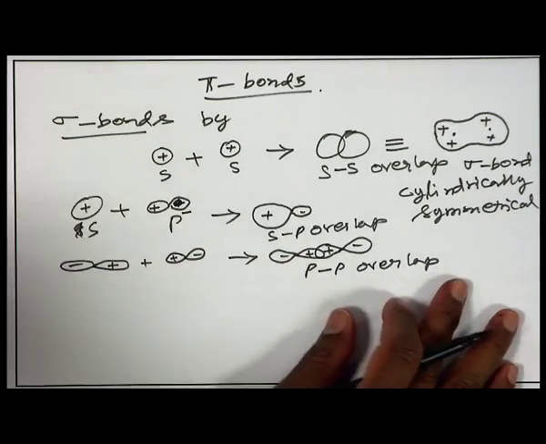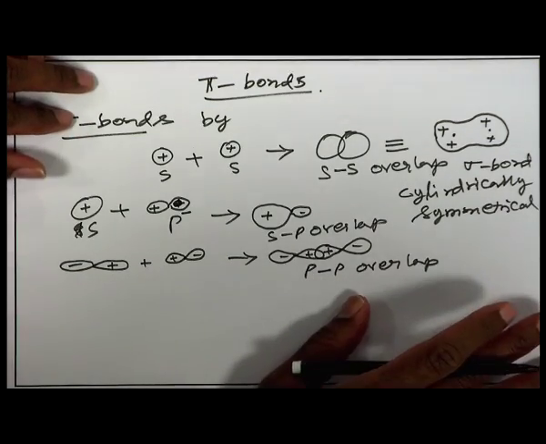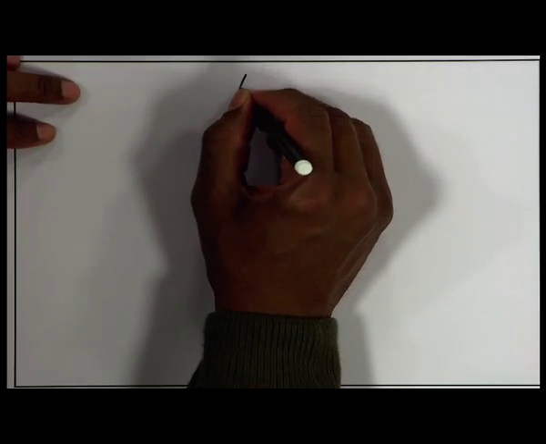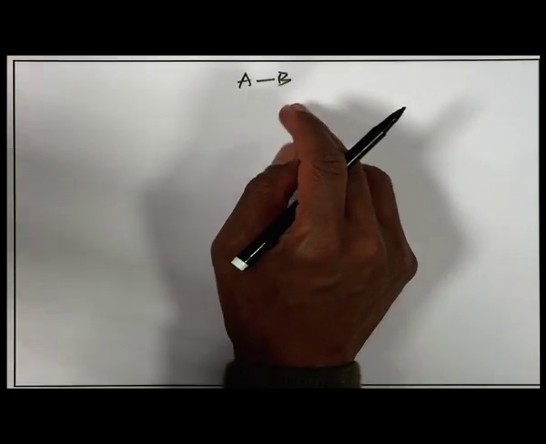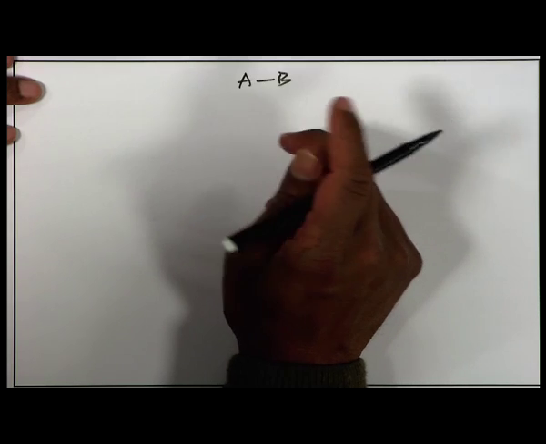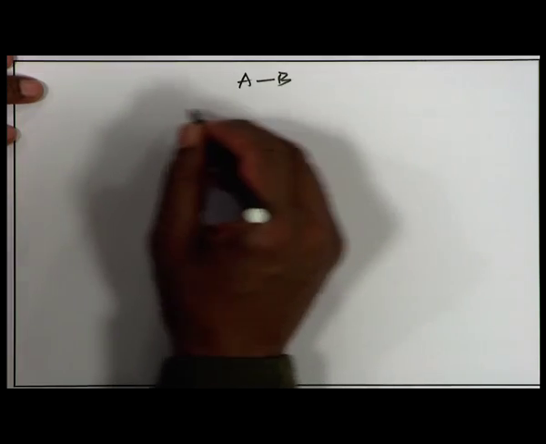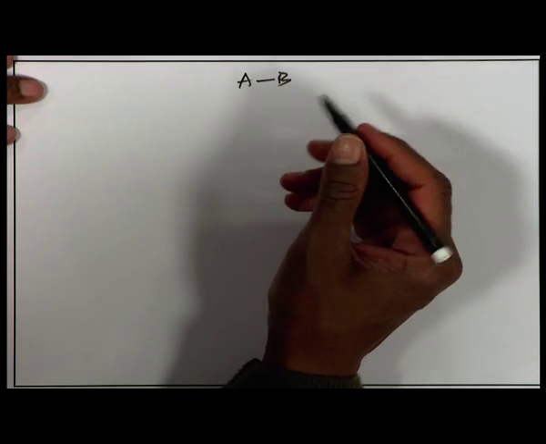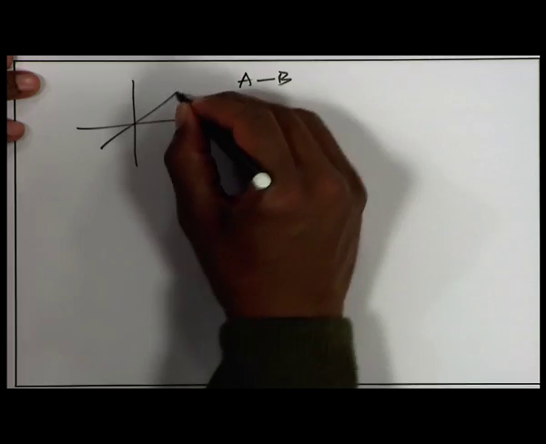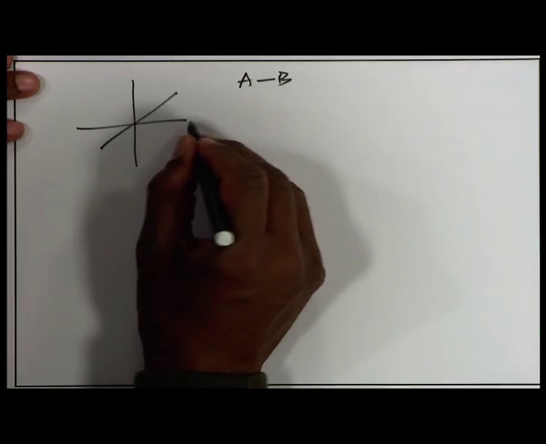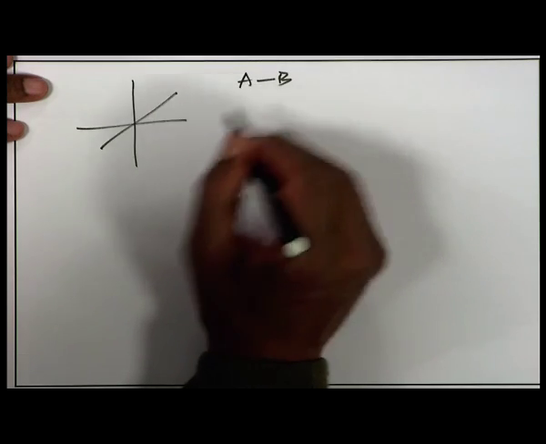Now, if you take a molecule AB, one has to fix the axis. Then we can find out which orbitals are overlapping, and the bonding pattern. So, we have to fix an axis for this molecule.